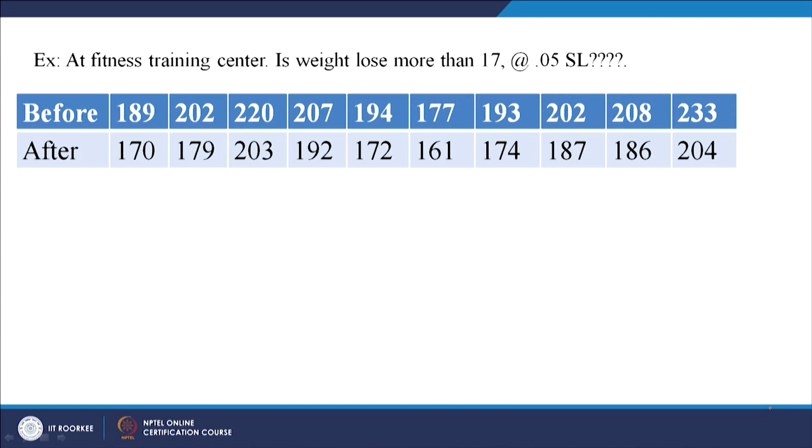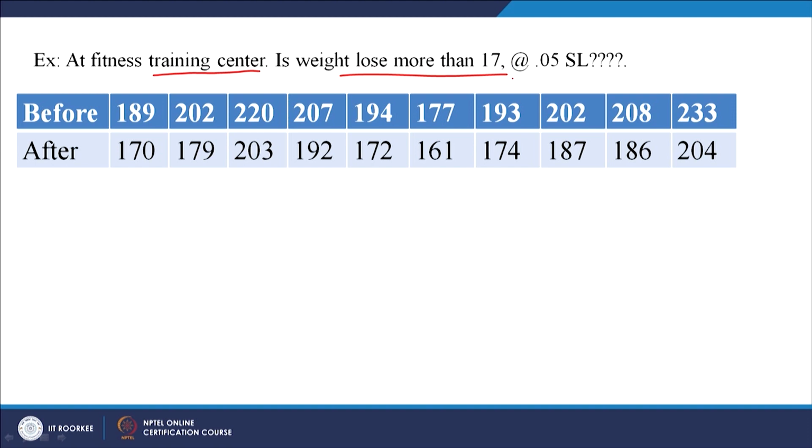Let us look at this question, which is again an example of a paired sample or dependent sample, or you may call it related samples. At a fitness training center, the manager claims that if you join his fitness center, then weight loss would be more than 17 kg or 17 pounds, or whatever is the unit.